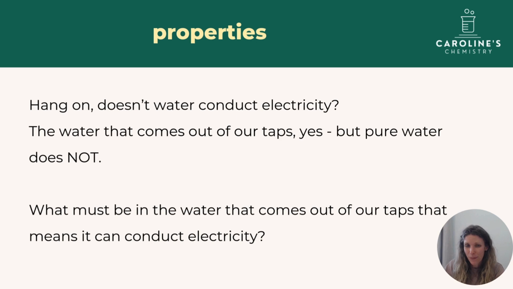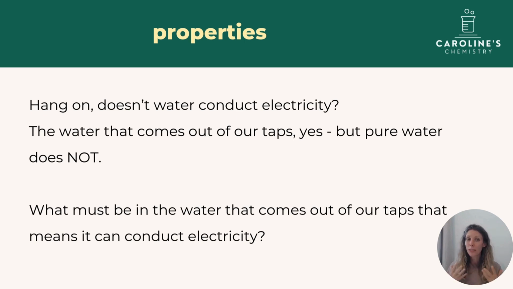Hang on. So you may be aware or have been taught, hopefully, that water conducts electricity. And yes, that is true to the extent that if you open your tap and water comes out, that water does conduct electricity. Don't take your toaster in the bath, right? But pure water doesn't. So if you have only water molecules present, that's what pure means, then that does not conduct electricity.